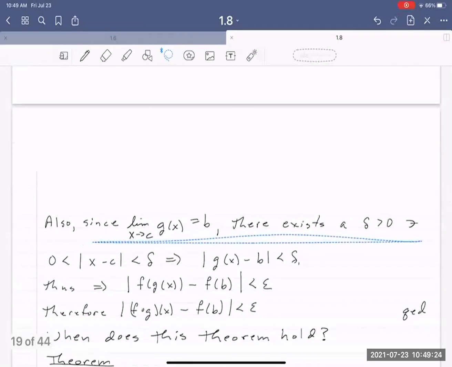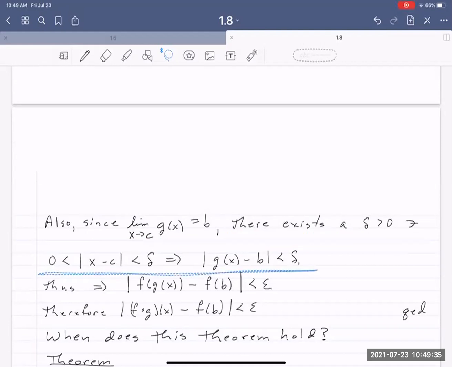Since the limit as x approaches c of g(x) is b, there exists a delta greater than 0 such that 0 less than |x minus c| less than delta implies |g(x) minus b| is less than delta 1.